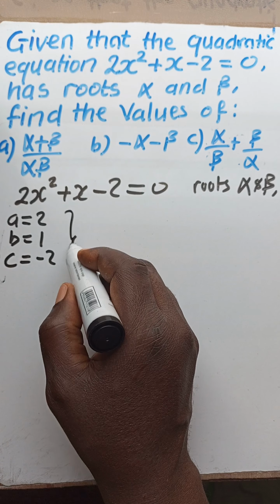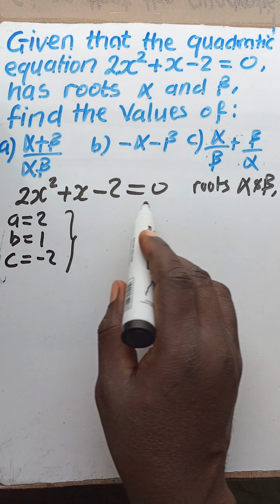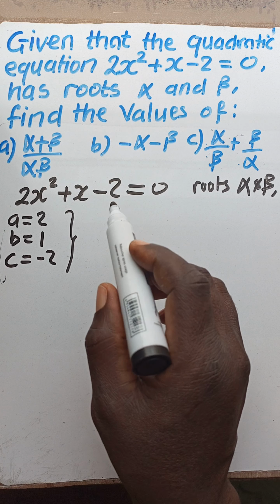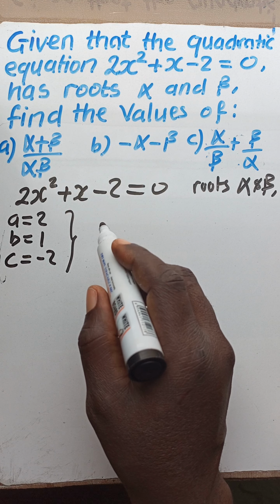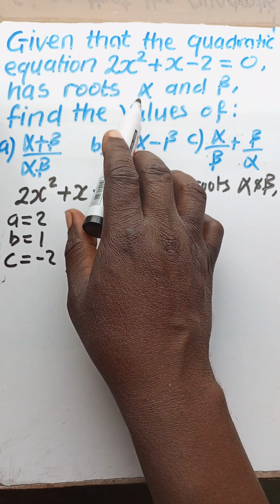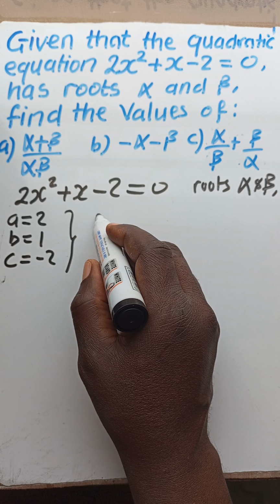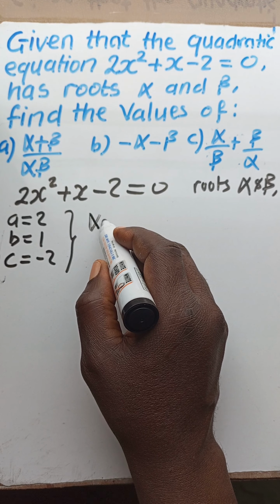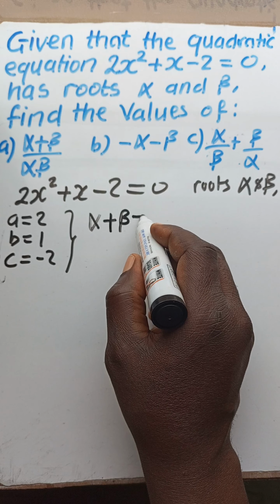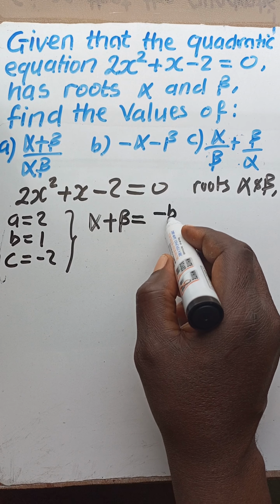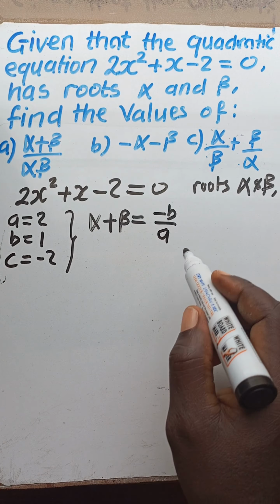The first thing we know, this is a quadratic equation. It must have two roots. Now they are giving us the roots. We call them alpha and beta. We know the property of the sum of roots. If we sum the roots, then the result will be -b/a.